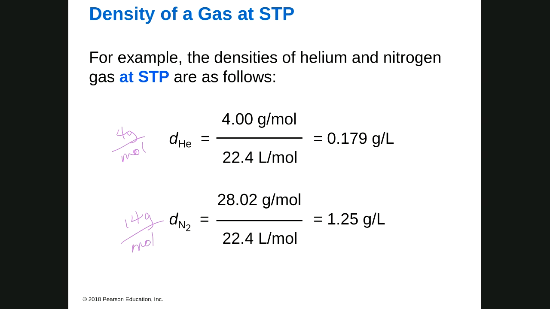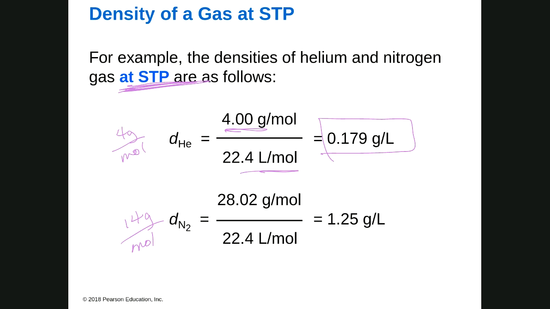The inert gases, the noble gases have left me for a while. Okay, so anyway, 2 or 4, whatever that is. Oh, it's 4. Okay, so you got 4 grams per mole divided by 22.4 liters per mole. So the density of that gas at STP is 0.179. Why at STP? Because if I change the temperature, I'm going to change this number.